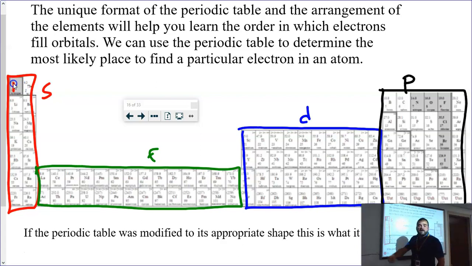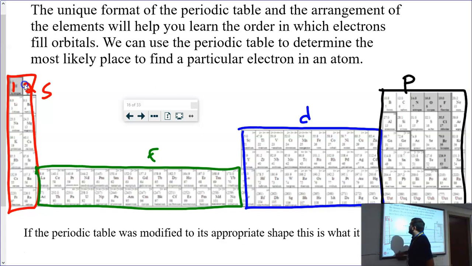If I wanted to add a second electron to make helium, the next element, my second electron is right there. Because these are both in the S block, the first 2 electrons go in an S orbital. More specifically, because this is row 1, these would go in a 1s orbital.